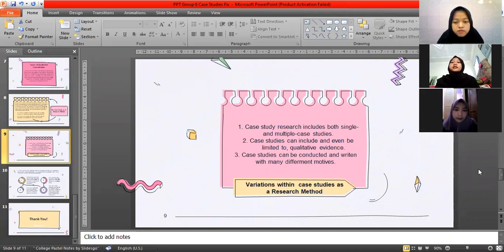The first is case study research includes both single and multiple case studies. Though some fields, such as political science and public administration, have tried to distinguish between these two approaches and have used a short term, the comparative case method, as a distinctive form of multiple case studies.